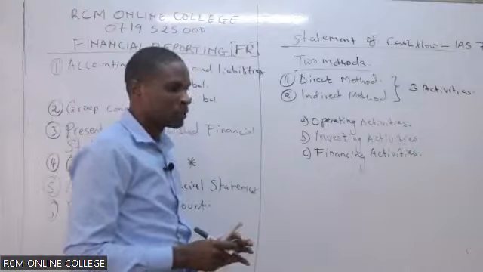Those three activities will be presented where we have these two methods. Method number one is the direct method, where we look at what has been received and what we have paid.